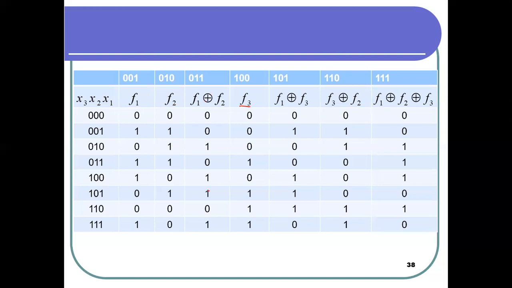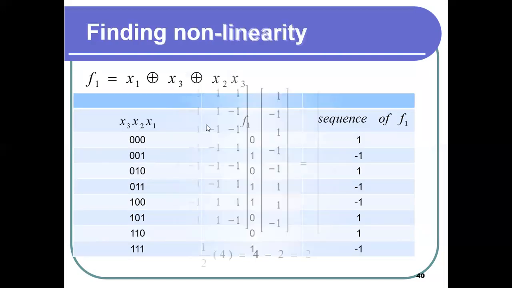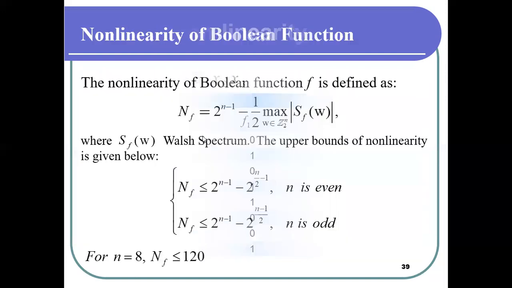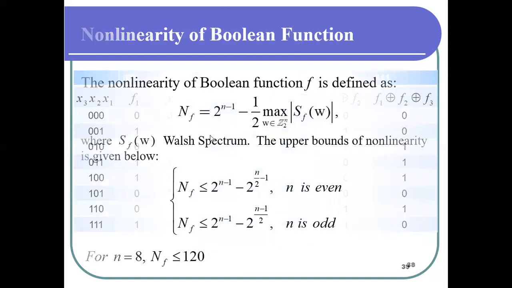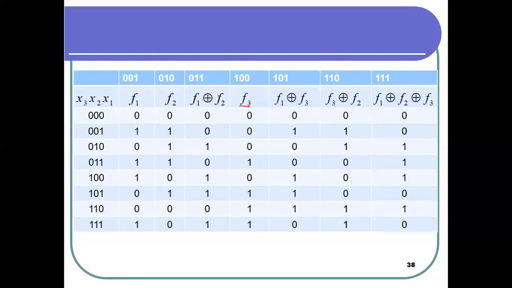In that way, I can say these are all balanced Boolean functions. Like nonlinearity, I can give one example of the balancedness of all linear combinations. I take the balancedness of all possible linear combinations of f1, f2, and f3, and I have seen in this example that all of these are balanced.